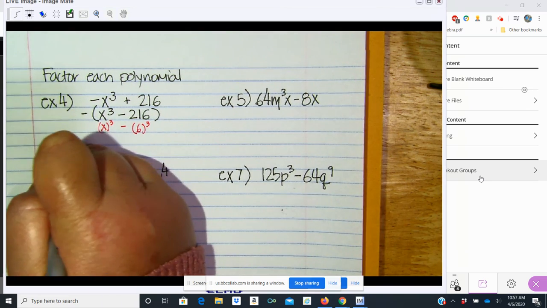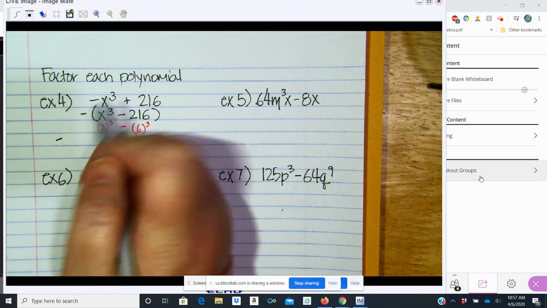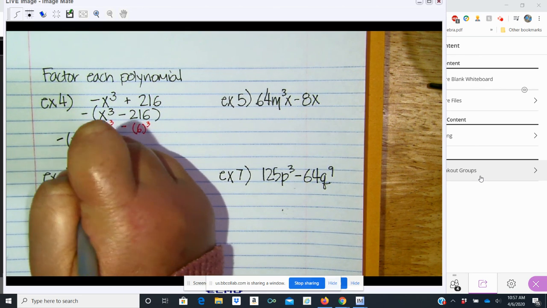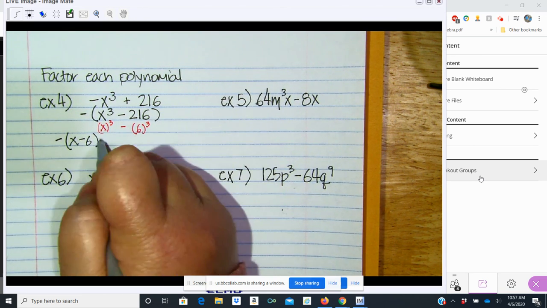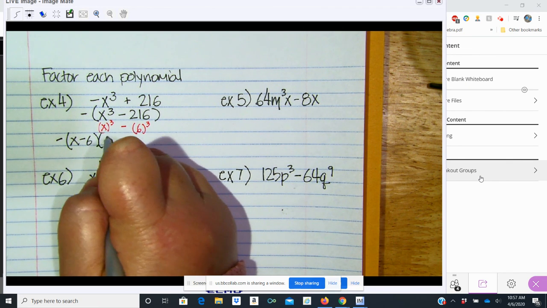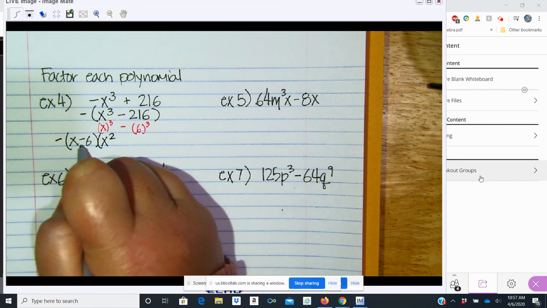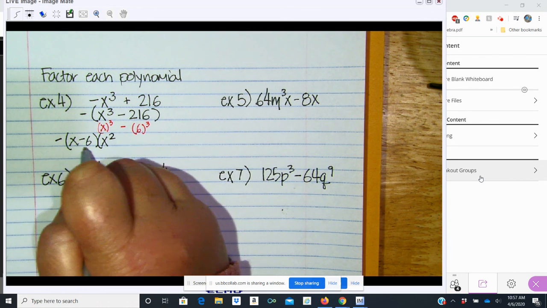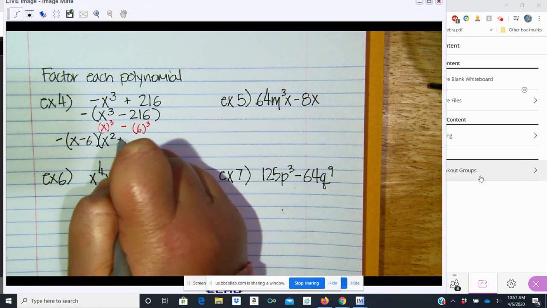Using my pattern, this is going to be a negative: first cube root minus last cube root, times first cube root squared. Then it's those two multiplied together with the opposite sign.